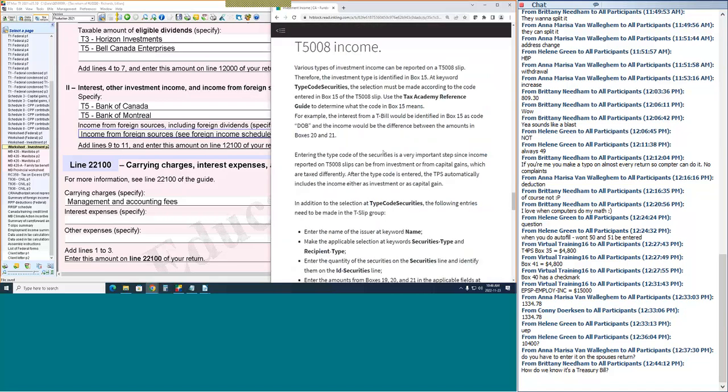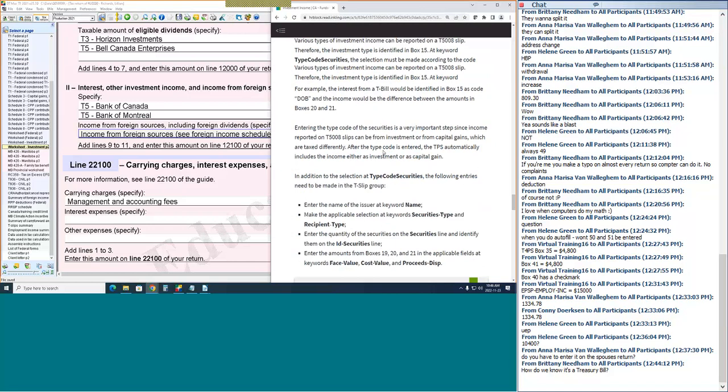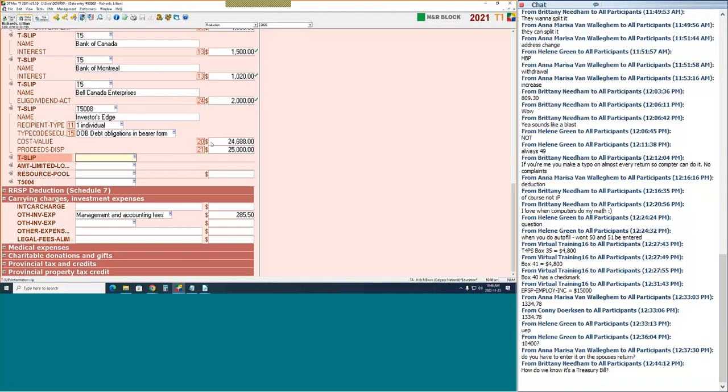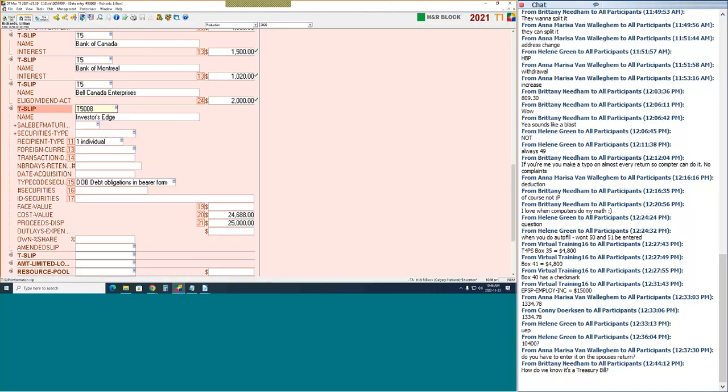Okay. So what I like about the textbook is it's going to tell you what you need to enter. And then usually it will give you pictures. So we should have a box 11, a box 15, a box 16, which we haven't entered, a box 17, which we haven't entered. We go back and put those in.